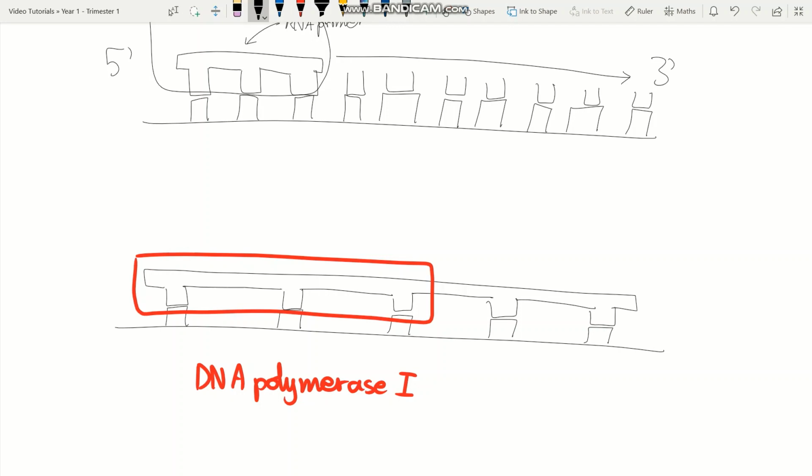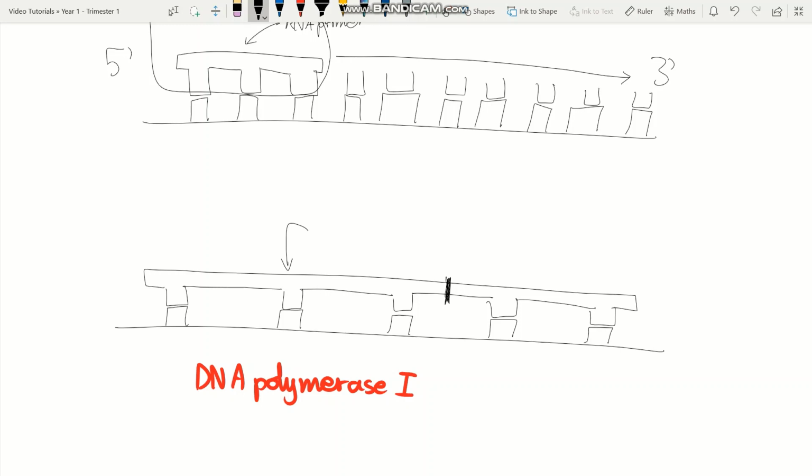However, we still have another problem present here, as even though the RNA strand may be replaced, there's still some sort of a break present here, because essentially we've replaced a new DNA sequence here next to the pre-existing DNA sequence that DNA polymerase 3 added. So as these two sequences do not match with one another, there's another special enzyme called DNA ligase.